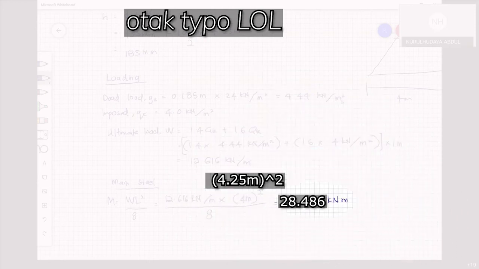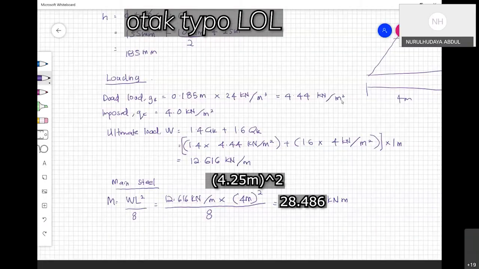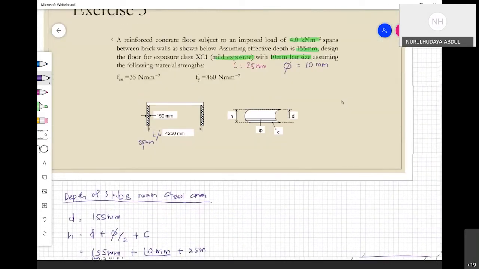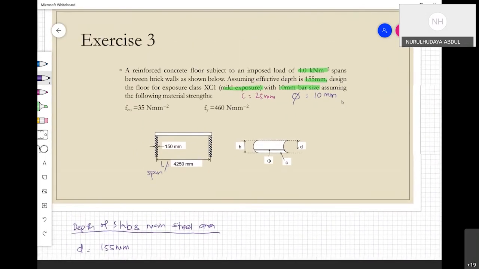After kita dah kira this M, we need to compare dia dengan MU to make sure kita tak perlukan compression reinforcement. Okay, so MU equal to 0.156. FCU is given dalam soalan 35.